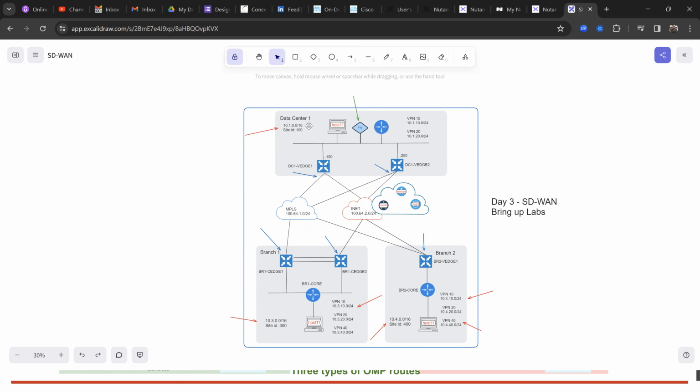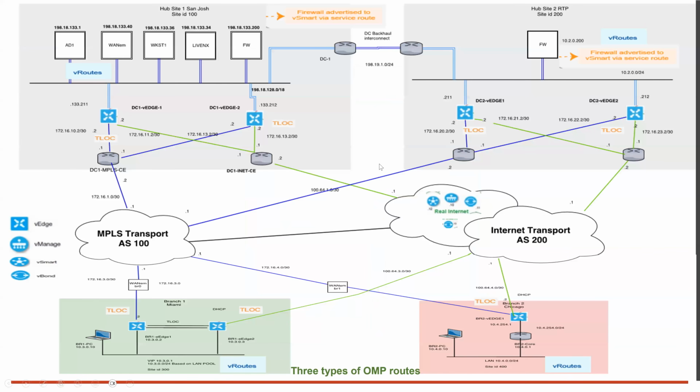The service level routes, meaning VPN 1, 2, 3, 4, non-VPN 0 or 512, are part of your OMP routes. Your TLOC, next hop, system IP, color, encapsulation are the next hop attributes, and they are also part of OMP routes.